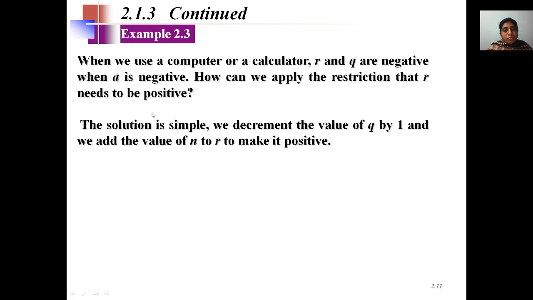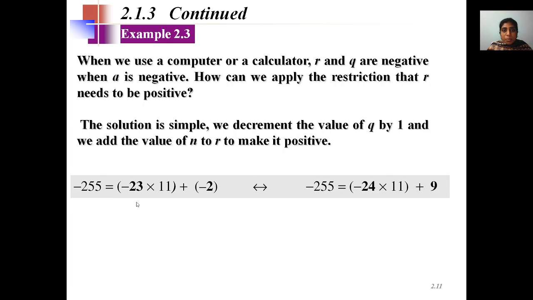What we do is decrement the q value by 1 and add n to r to make it positive. For example, minus 255 equals minus 23 into 11 with the remainder as minus 2.